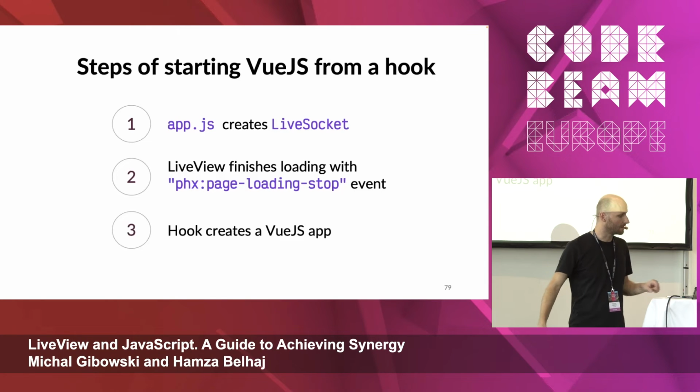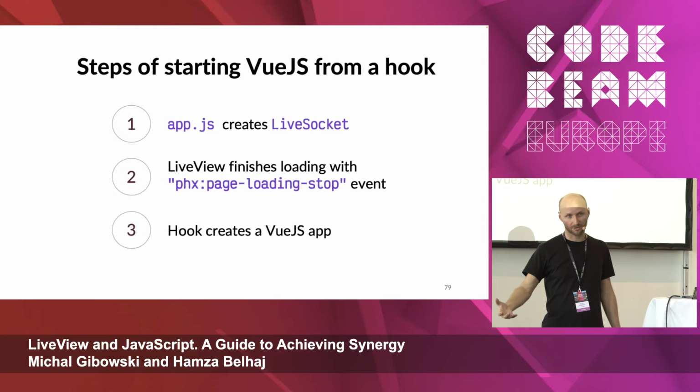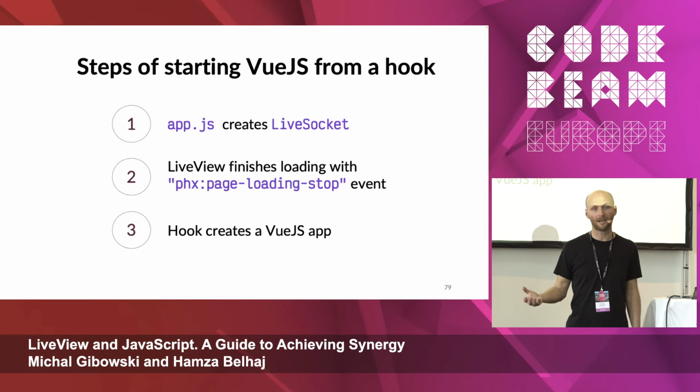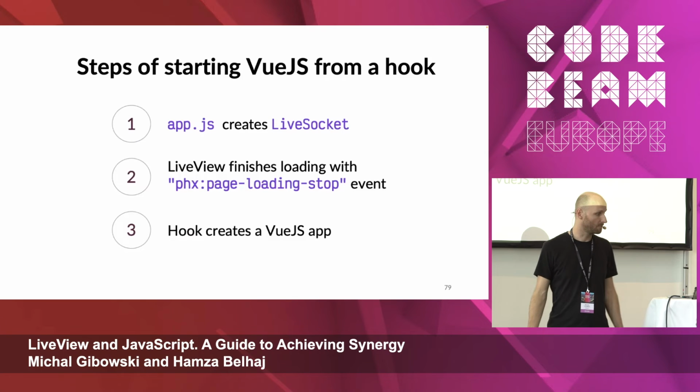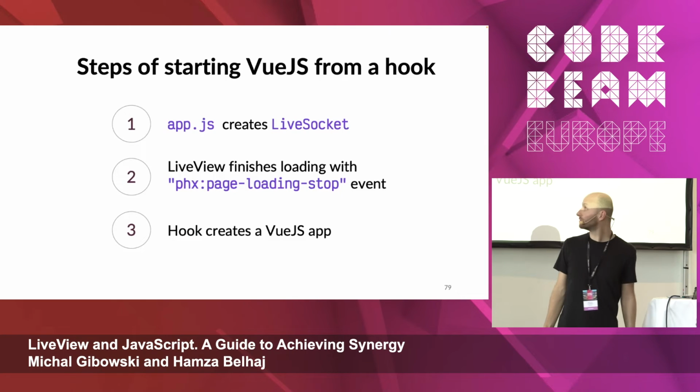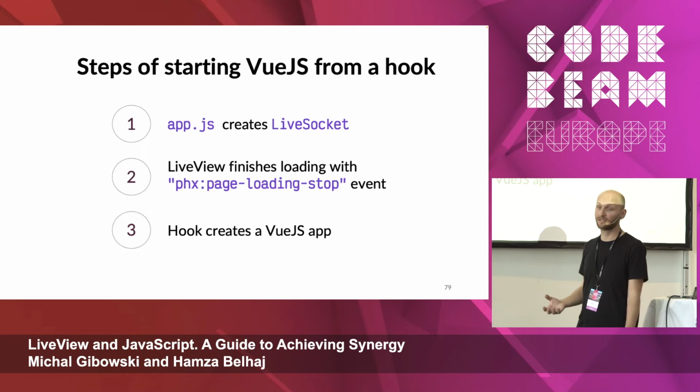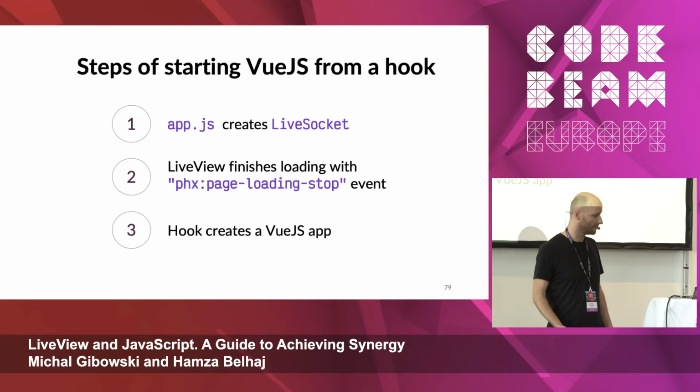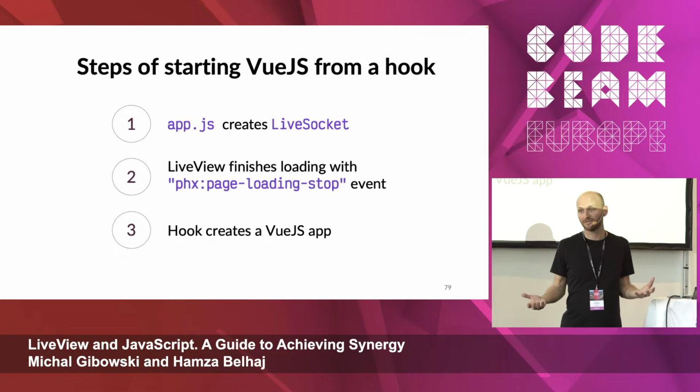After this, the code of the hook is executed on the client and the VueJS app is created. So basically, this step number 2 is what is slowing us down. Can we get rid of it?